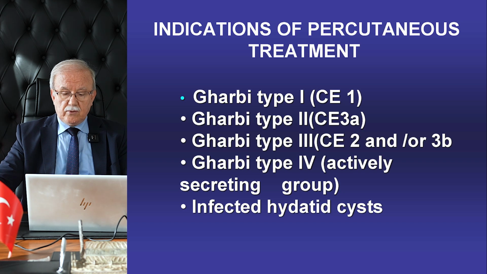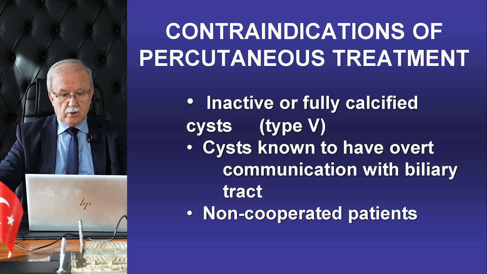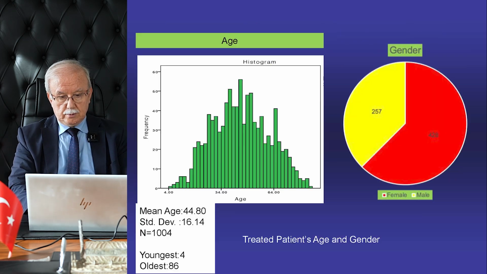An infected hydatid cyst we treat like an abscess. Contraindications are inactive or fully calcified cysts, type 5, cysts known to have overt communication with the biliary tract, and non-cooperative patients. We don't treat these patients.